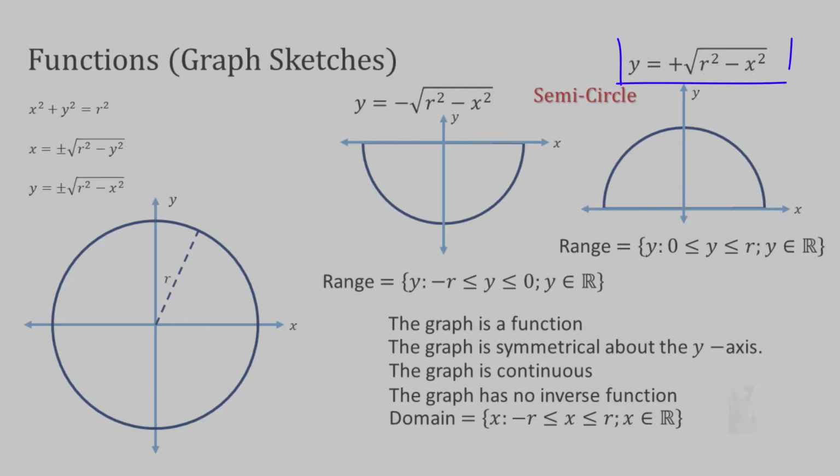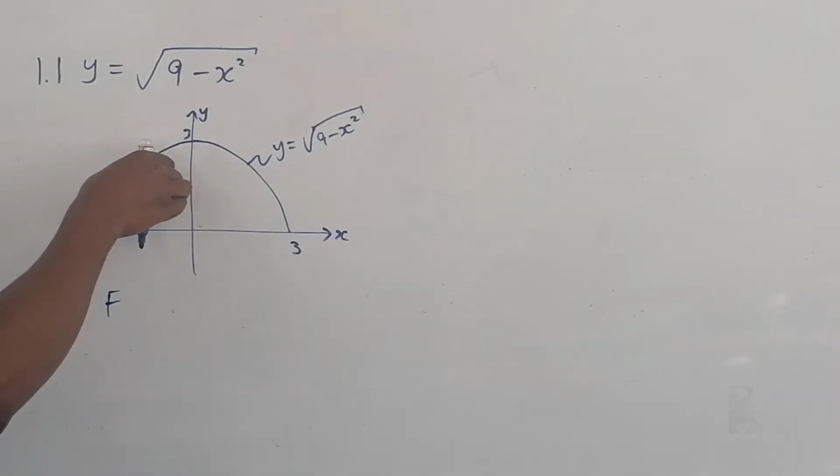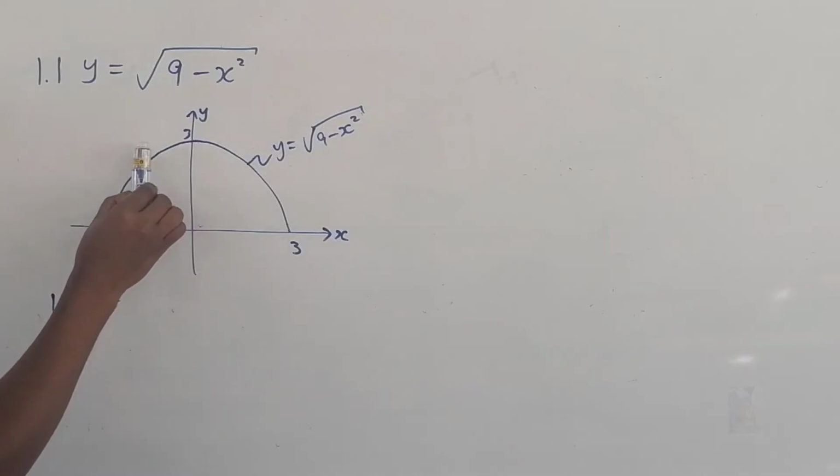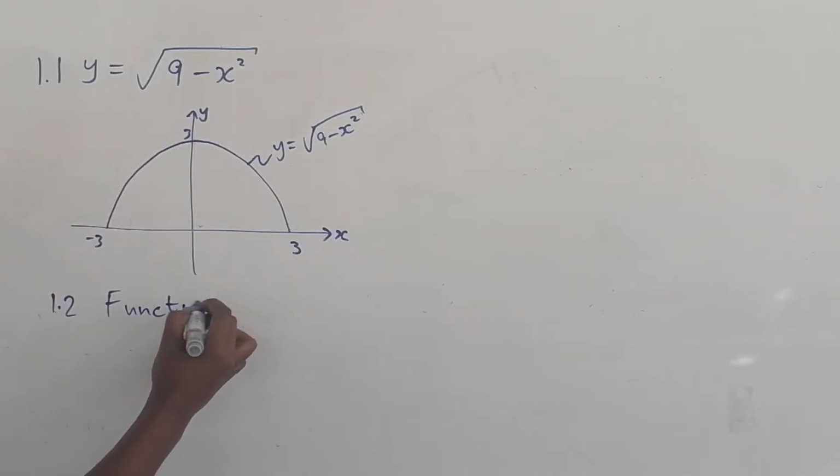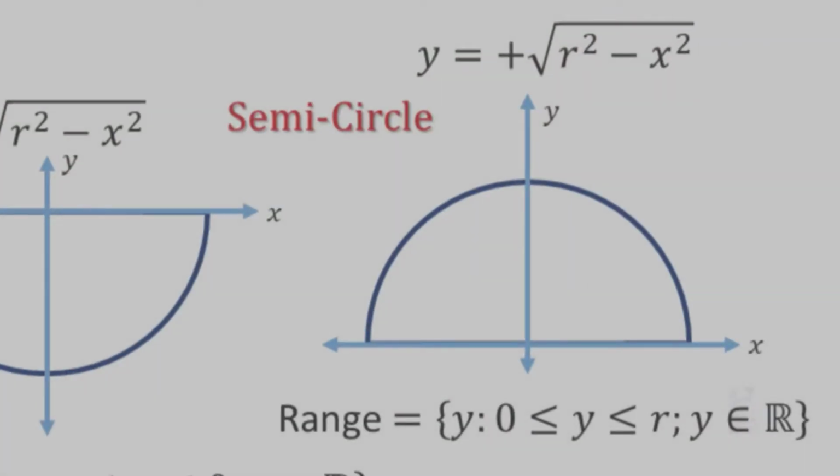Now, this curve, by nature, is a little different from the circle because it is a function. When we use the vertical line test, we will notice that it cuts the graph in only one point. So if it does that, that means our curve is a function.